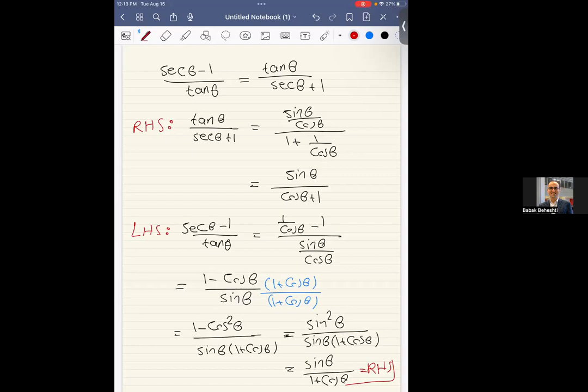You could also maybe work on the right-hand side. If you multiply it by 1 minus cosine theta, you get the left-hand side. I mean, these things you can do in several different ways. Is that clear?